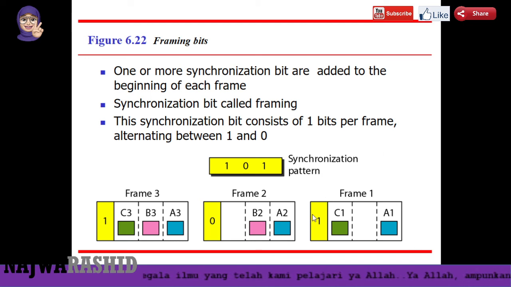In the first frame we add 1 bit for synchronization. So when this data is sent and we meet this bit, we can recognize that it is the synchronization bit. After this bit, it starts with frame number 2. Then you meet 0, which is another synchronization bit, and after this bit, it must be the third frame. That is the framing bits.